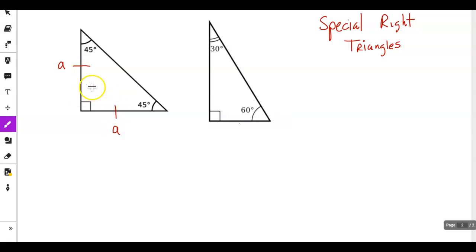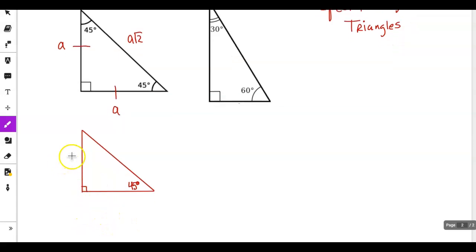Without doing the Pythagorean theorem or any SOHCAHTOA, you can get the hypotenuse by taking the leg, which is A, and multiplying it by the square root of 2. For example, if you have an isosceles right triangle, I'll draw one here, and it would have to be marked 45 degrees for you to know.